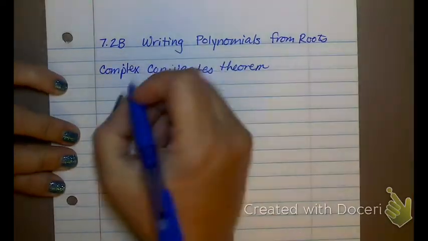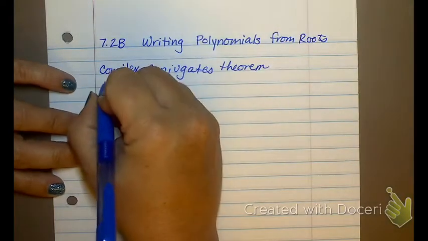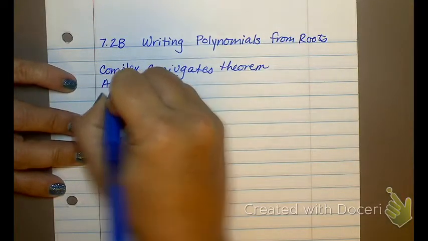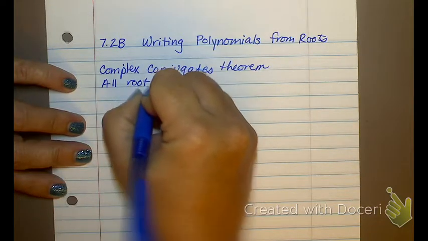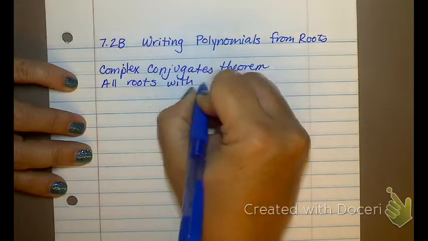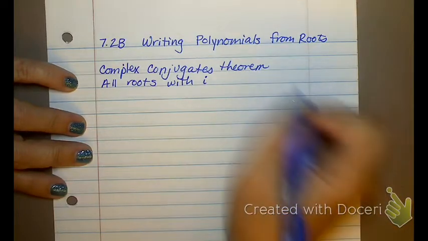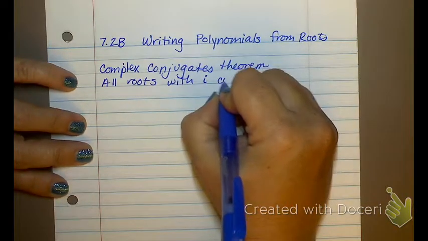Okay, the complex conjugates theorem says, generally, all roots with an i in it come in pairs.